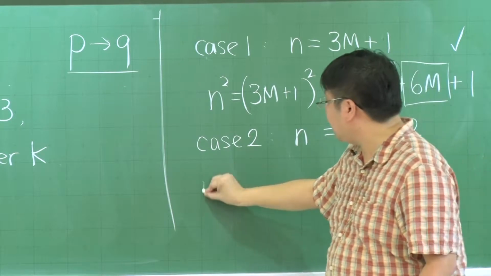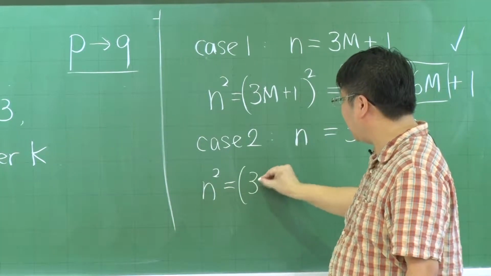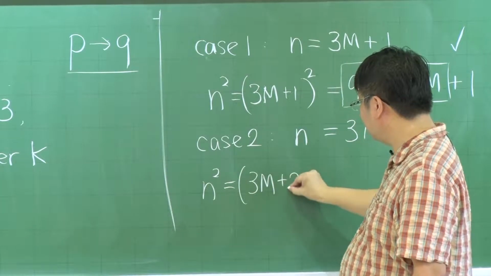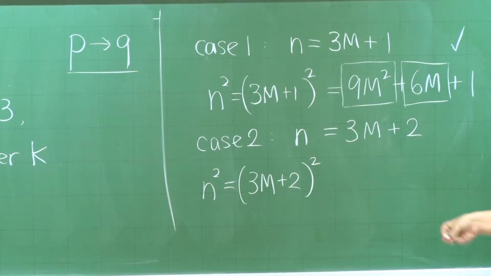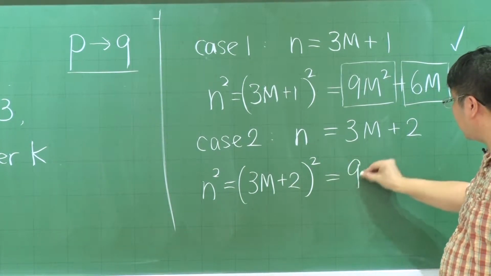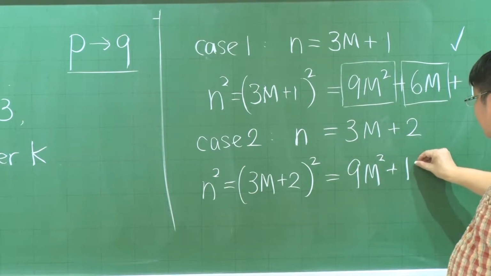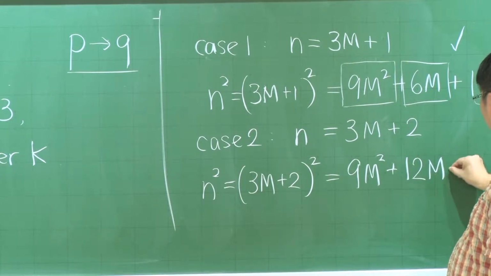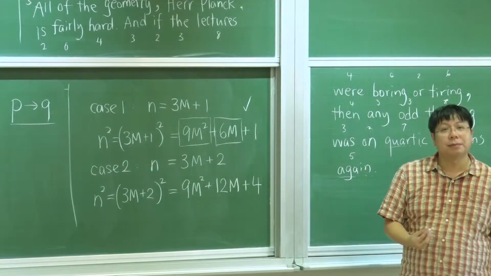Case 2 is n squared is equal to 3m plus 2 squared. Is that okay? So if you expand it, this will be equal to 9m squared plus 12m plus 4.